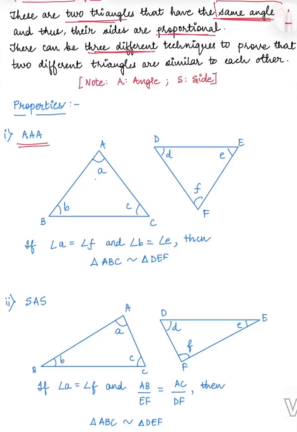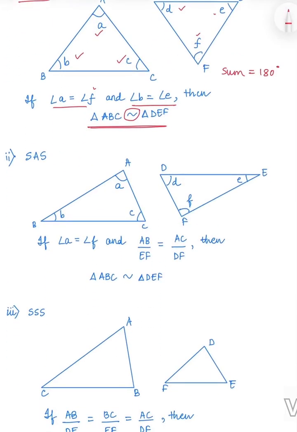So here A is equal to F, B is equal to E, and C is equal to D. Now you notice here that I have just written 2 of them because we know that sum is 180 degree. So if 2 are same, the third will automatically be same to the third angle, right? So these 2 triangles are similar, and this is the symbol for a similar triangle.